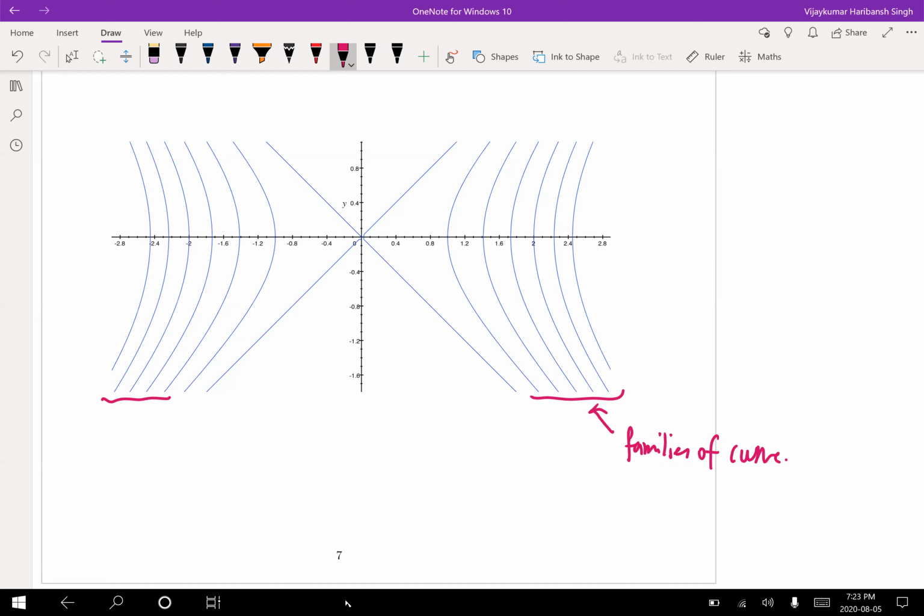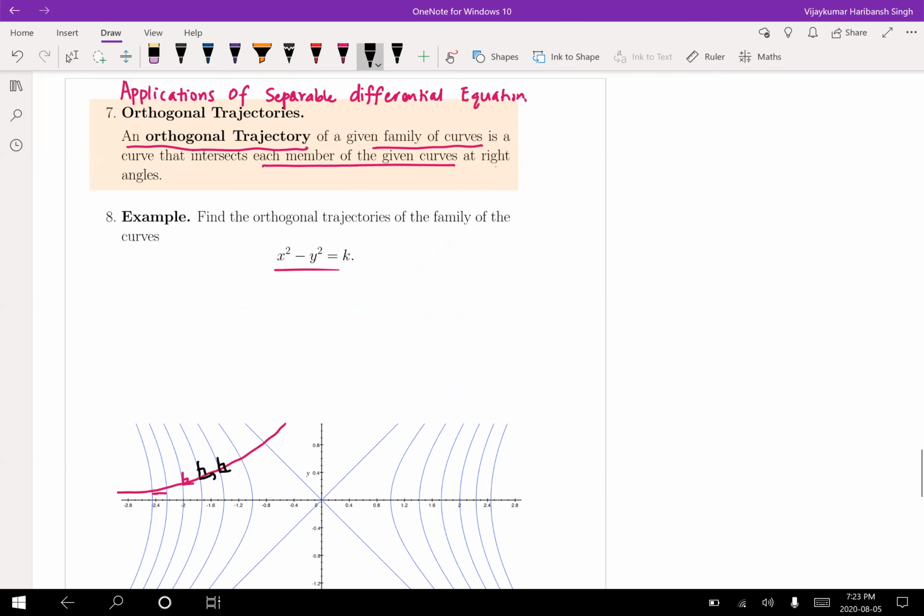An orthogonal trajectory is something which intersects these curves at what angle? At 90 degrees. If you look at the tangent here, it is 90 degrees. If you look at the tangent here, it's 90 degrees. The tangent here is going to be 90 degrees. So this is the idea behind the orthogonal trajectory.